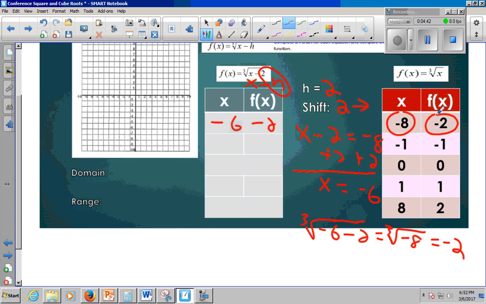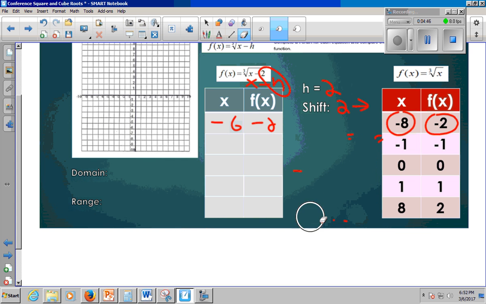Let's try another one to demonstrate that. Alright, so our next good point was negative 1. So we want to again set what's under the radical equal to negative 1. So x minus 2 equals negative 1. If I add 2 to both sides, I get x equals 1.